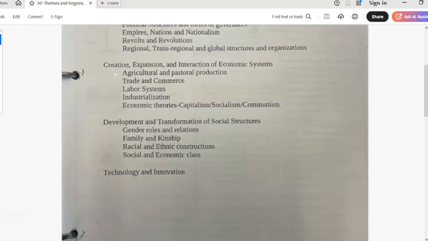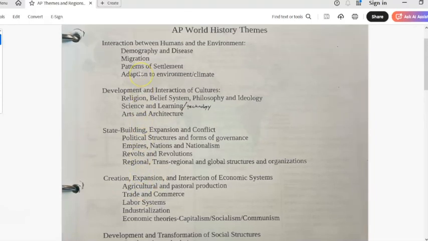I said identify one cultural aspect of the Aztecs, and I thought they were going to tell me all about the Aztec religion and how they were committing human sacrifices and the cycle of creation and destruction that they believed in, and instead they told me all about how they had floating gardens and they scored 0 points because that does not fall under the culture category. That falls under the agricultural category here, or it falls under the humans in the environment category up here.